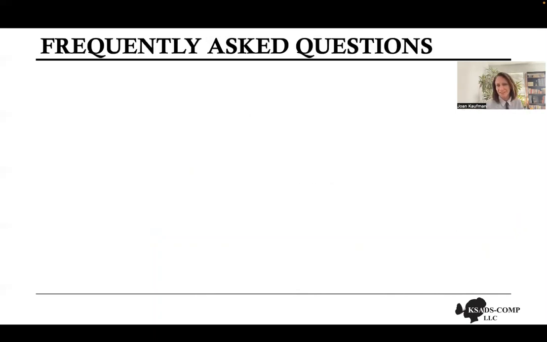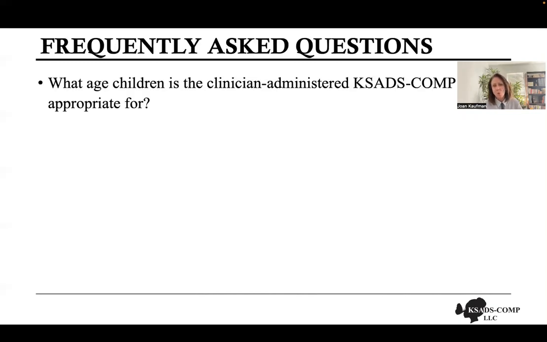All right, welcome back. So some frequently asked questions. What age children is the clinician administered KSADS-COMP appropriate? So the parent portion of the KSADS-COMP has been used with children as young as 3- and 4-year-old preschoolers. The child interview is not typically done with children less than 5 or 6.